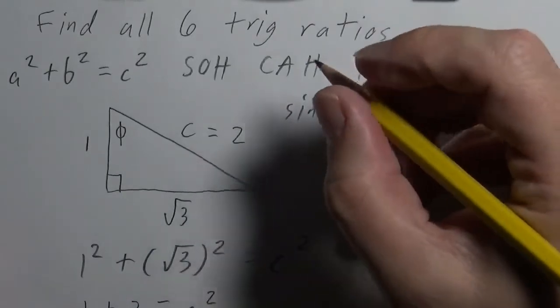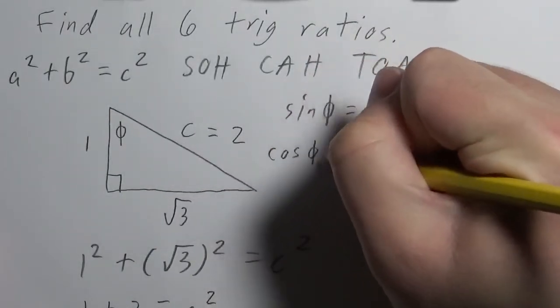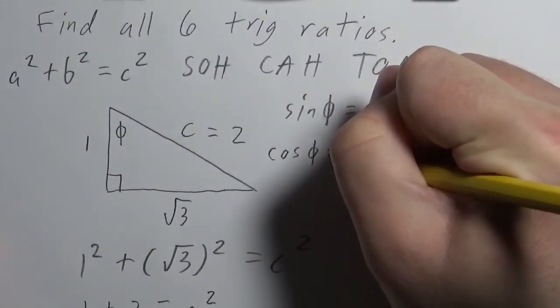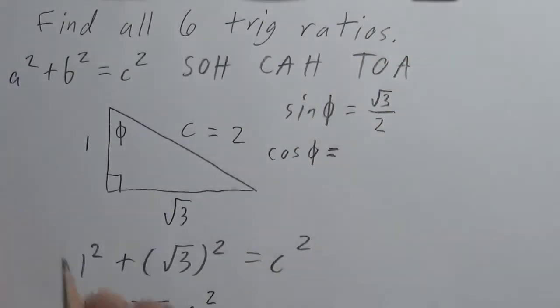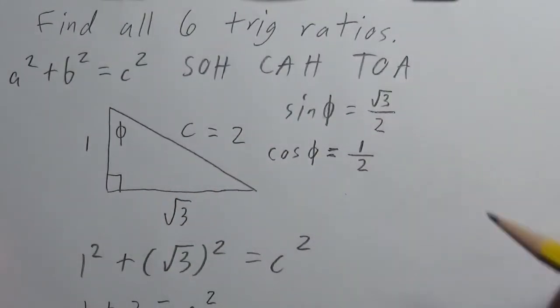It's good to go. Cosine of the angle is going to be the adjacent side 1 over 2.